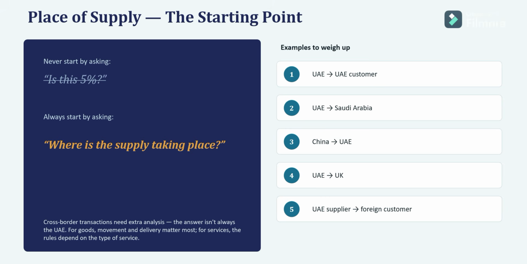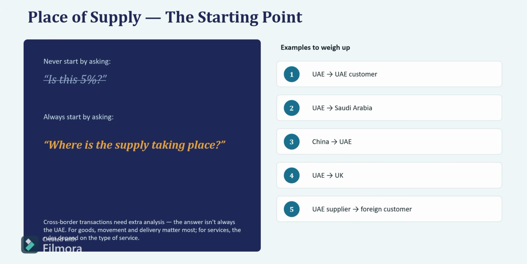Suppose from UAE to Saudi Arabia. Saudi Arabia comes under KSA, so it will be out of scope. Suppose from China to UAE, this is an import. So the UAE recipient will be under the reverse charge mechanism, liable to pay tax.